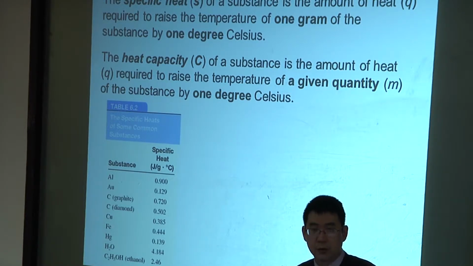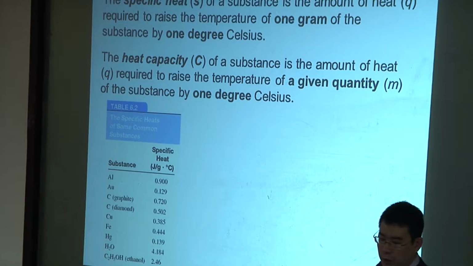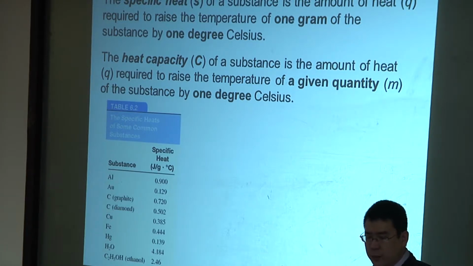Heat capacity is a quantity similar to specific heat, or related to specific heat. And it's the amount of heat required to raise the temperature of a given quantity of the substance by 1 degree Celsius, right? And so the specific heat is a specific example of the heat capacity where the quantity is 1 gram.